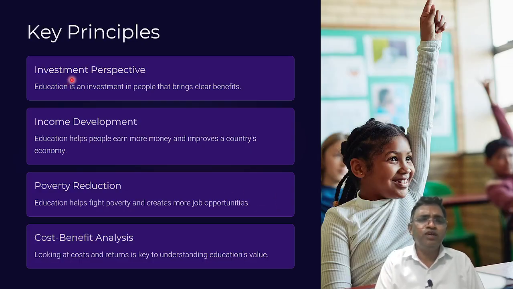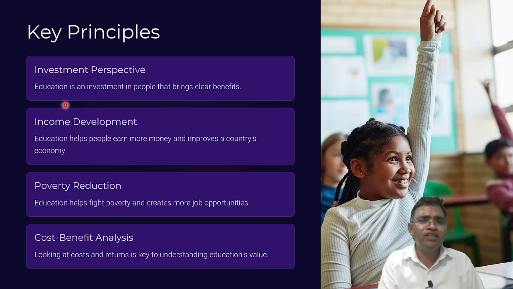Then key principles: investment perspectives, income development, poverty reduction, cost benefit analysis. If you know education in economics, you come to know education is an investment in people that brings clear benefit.